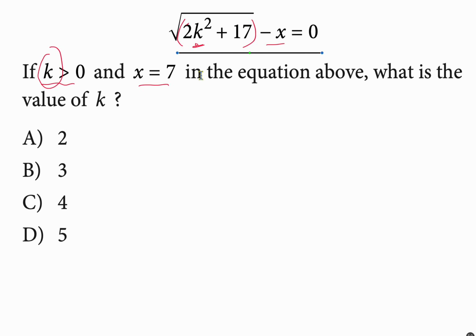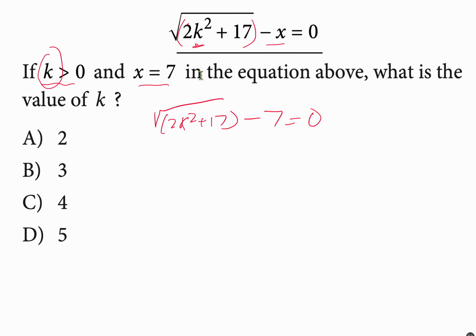You have the square root of 2k squared plus 17, and then minus. Instead of x, you replace x with the 7 here, so minus 7 equals 0, right? So now you're down to one variable, okay?